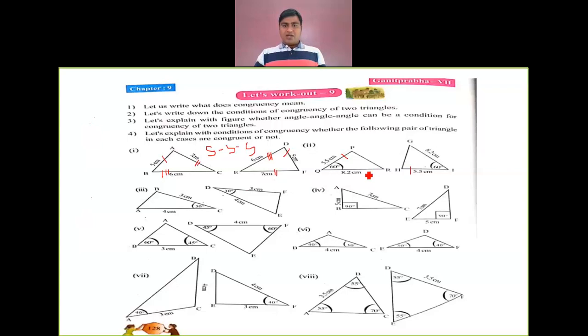So QR equals GI. But angle Q is an included angle. The measurement of this angle is 60 degrees, and also angle I in triangle GHI is also 60 degrees. So the two included angles are equal. So two sides and one included angle are equal. So this is criteria 2.